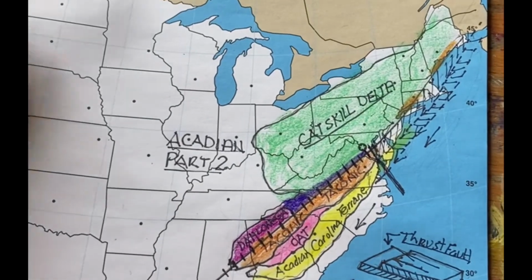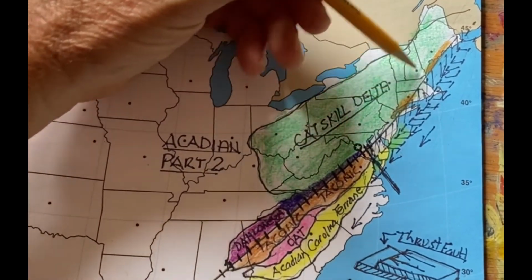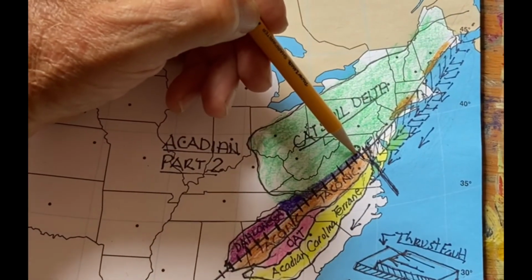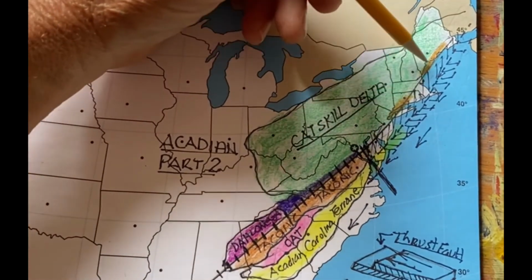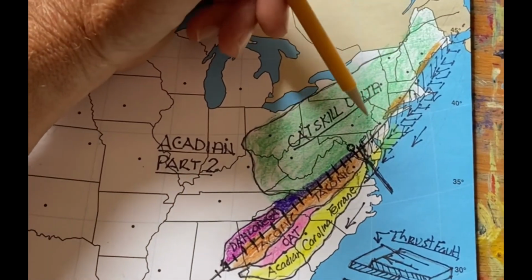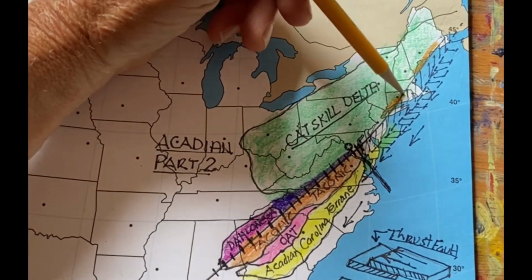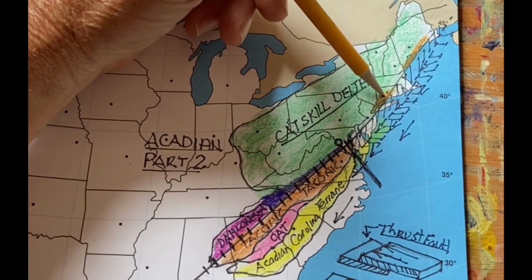Now, I believe that not all the Taconic island arc material that crashed up here came down here during the Acadian Orogeny Part 2. Some of it stayed up here. For example, in New York, I think the remains of the Taconic mountains are in fact what was left of the Taconic island arc.